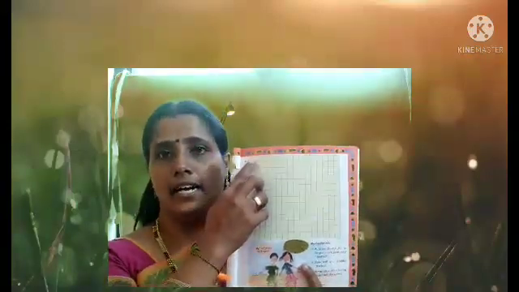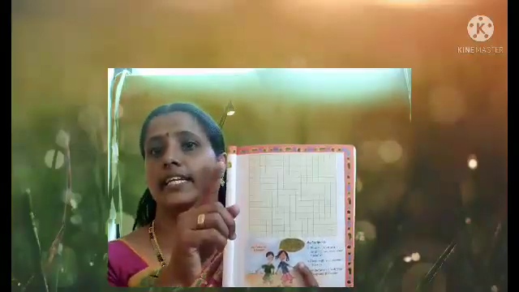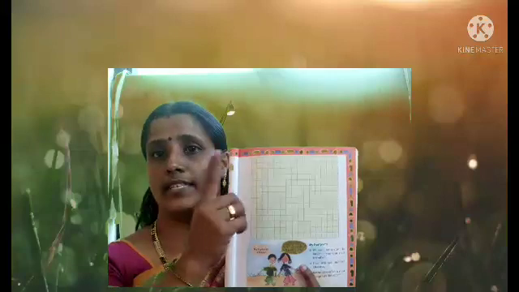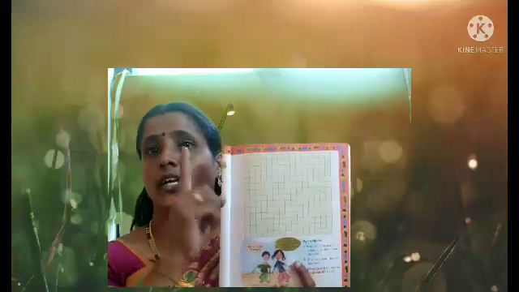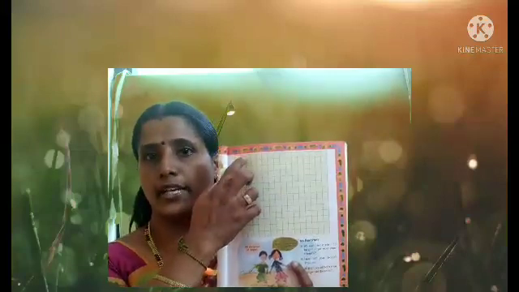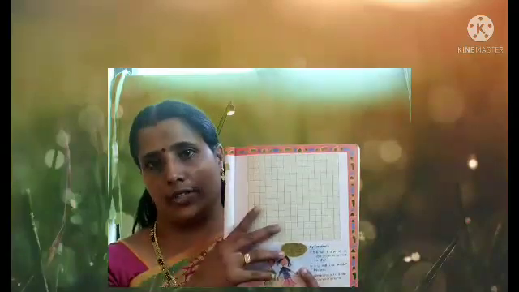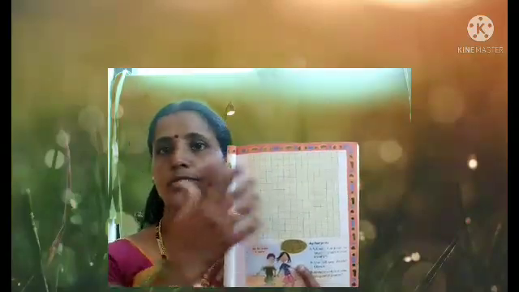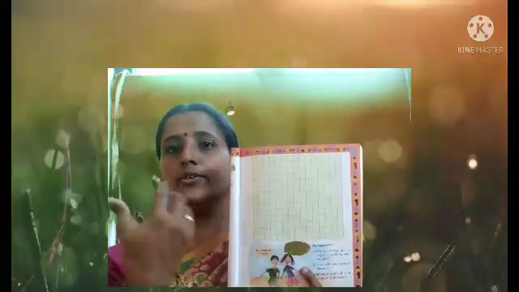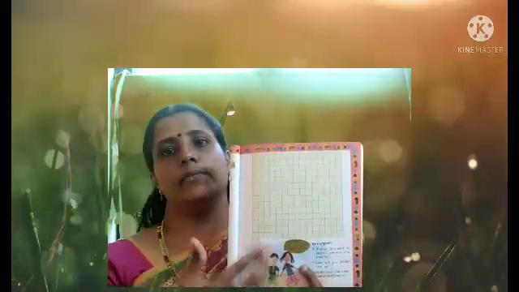Here it is a unit square. Its sides become 1 centimeter. So the area is equal to 1 into 1, side into side, so 1. So each square has the area 1 centimeter square. So using this grid, how can we find out the area? That we will discuss today.